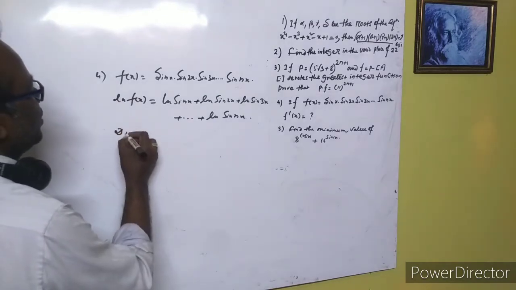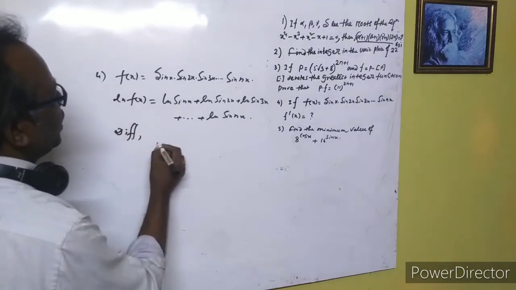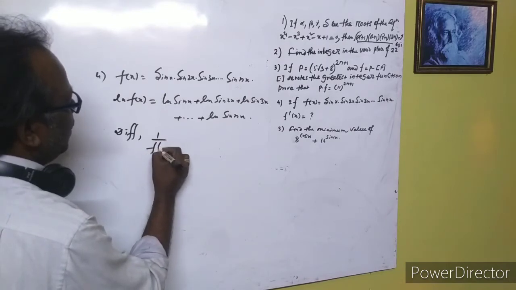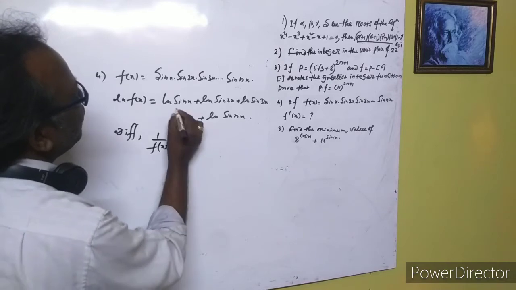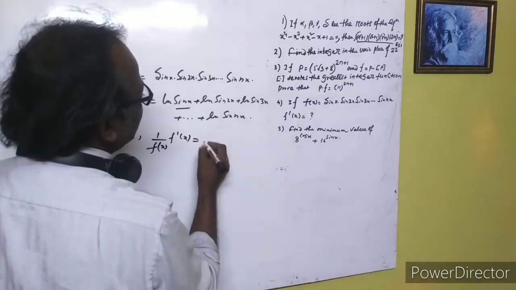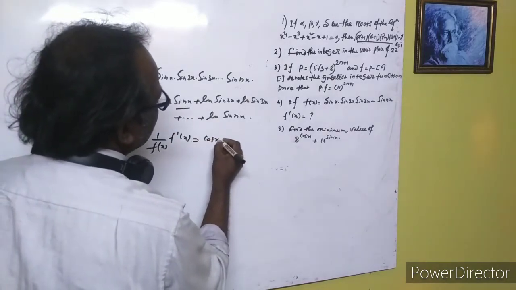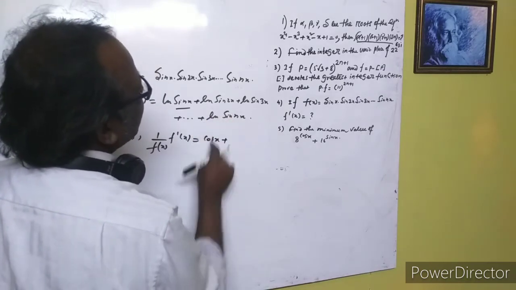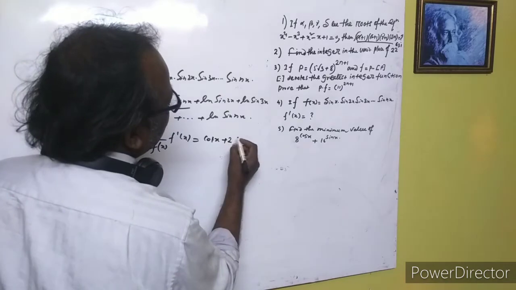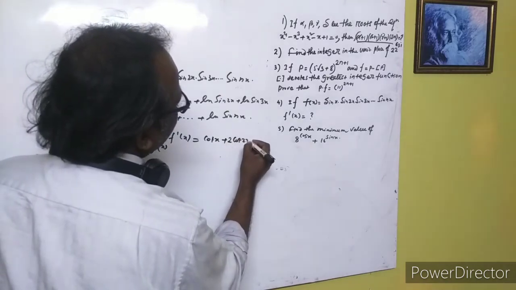Now differentiate both sides, and that is 1 by f of x times f dash x. If we differentiate ln sin x, we get 1 by sine times cos, that is cot x. For ln sin 2x, it is 1 by sin 2x, and the derivative of sin 2x is 2 cos 2x, so we get 2 cot 2x.